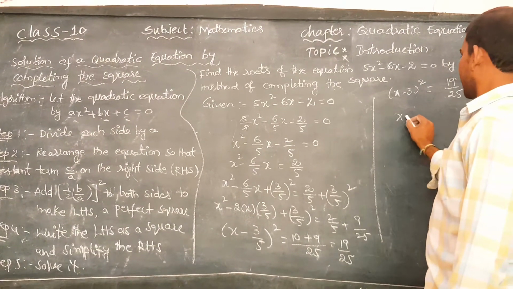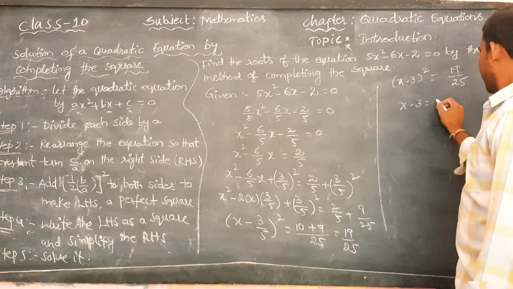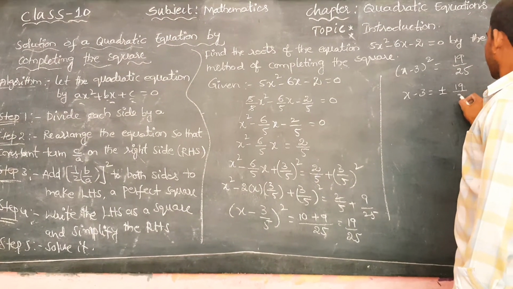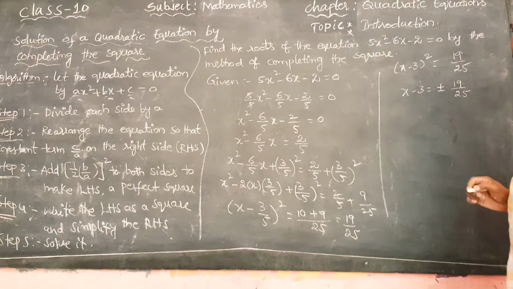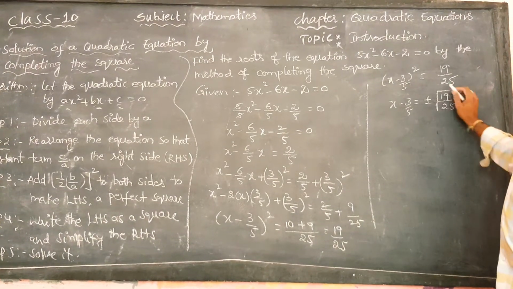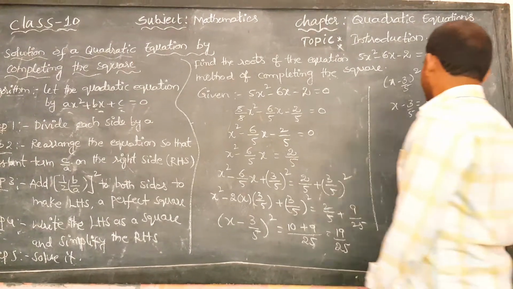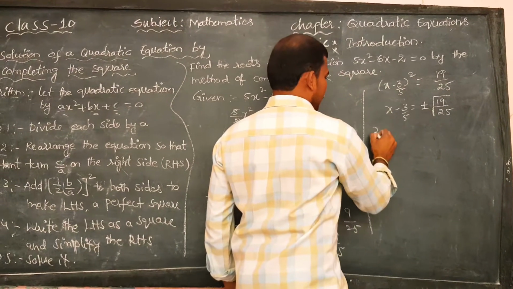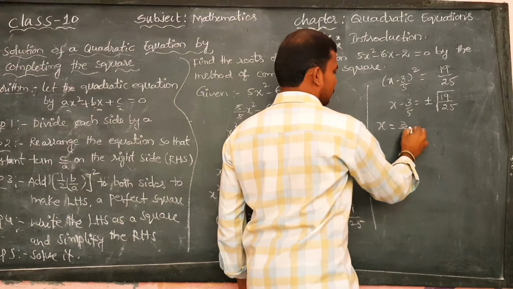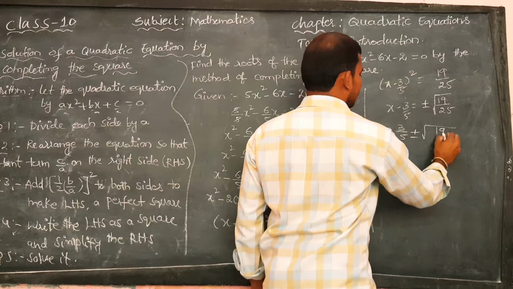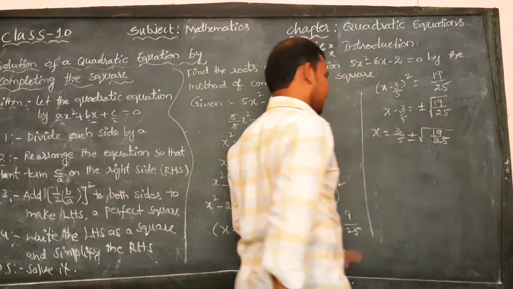So x minus 3 by 5 is equal to plus or minus root 19 by 25. So x is equal to 3 by 5 plus or minus square root of 19 by 25.